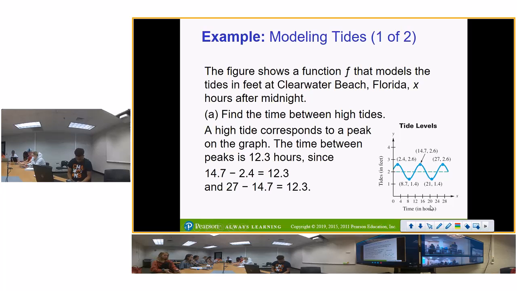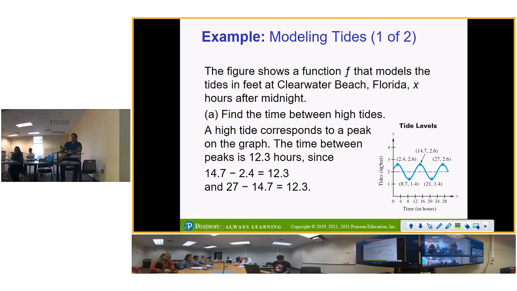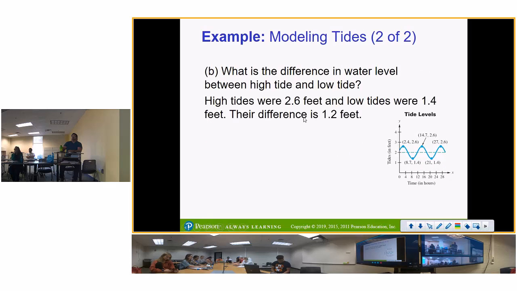If you did between here and here, that'd be 12.3. So, not a big deal. I'm not going to worry about that one. What is the difference? High tides were 2.6 feet. 2.6 is the top, and 1.4 is the low. So the height of the tide is 2.6 minus 1.4, which is 1.2 feet.